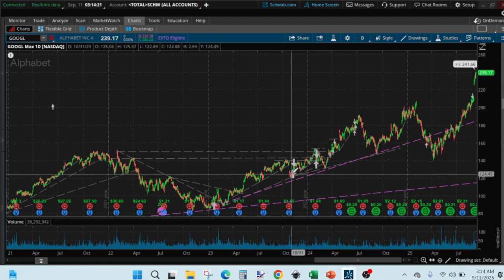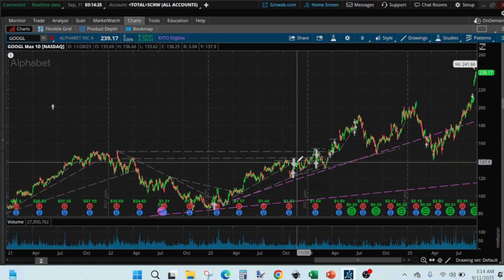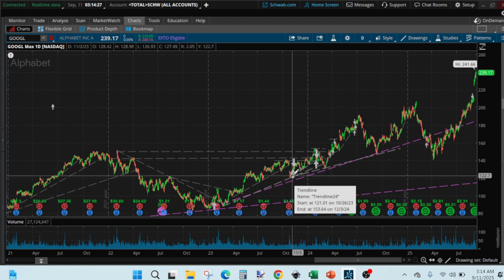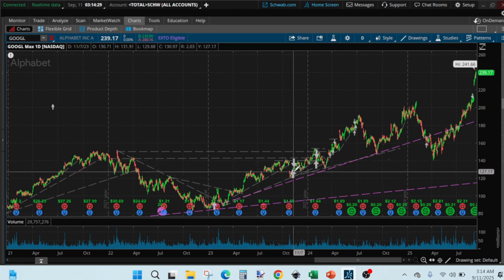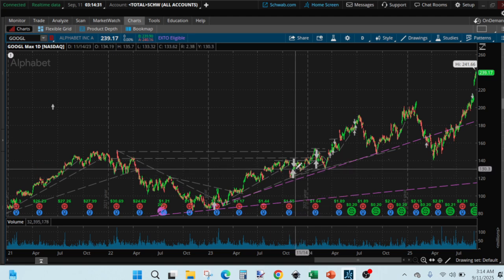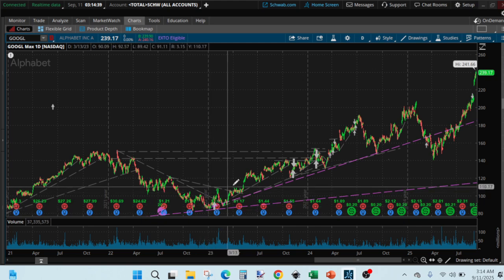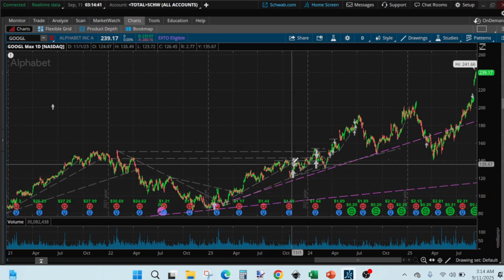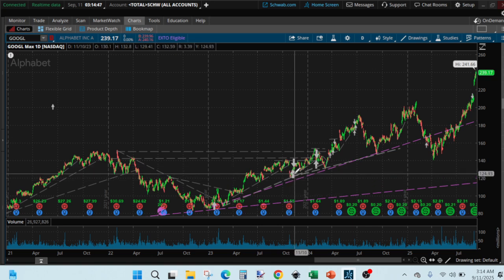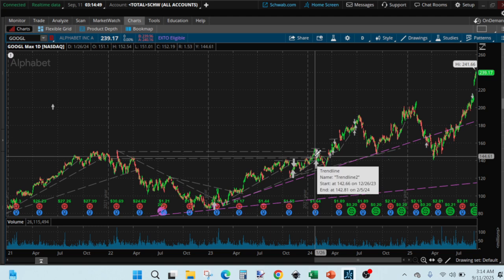So we purchased it around spring of 2023, and was it around November here? So we purchased it in 2023 around springtime when it reached that low, and then we sold it around September, November actually, and then we bought it again and sold it.